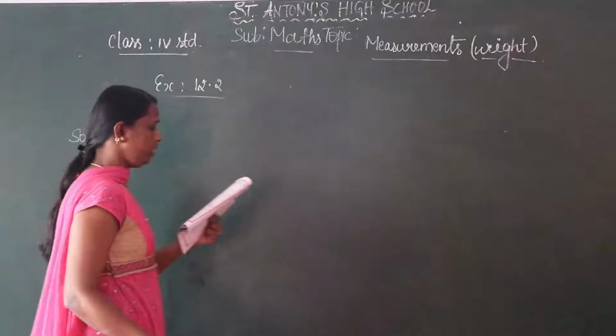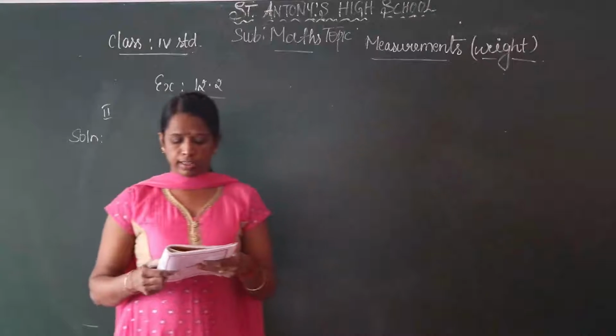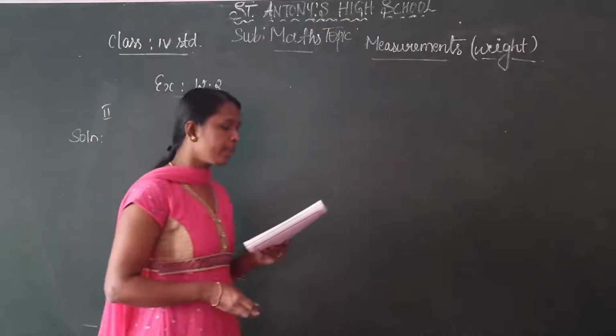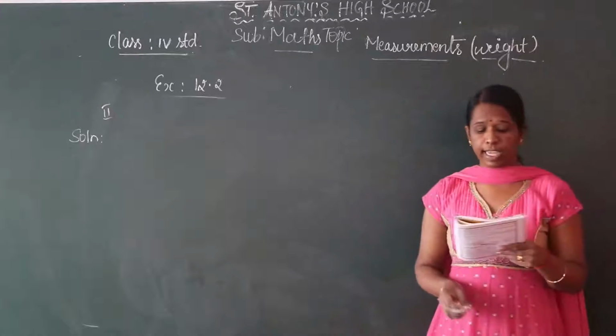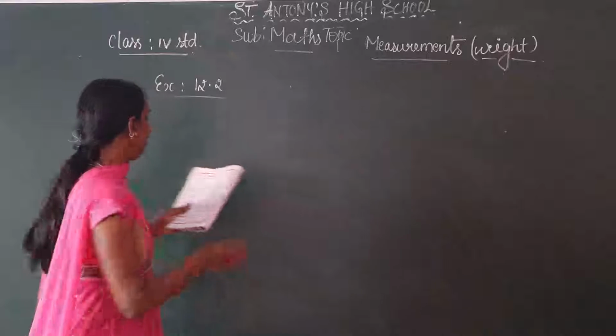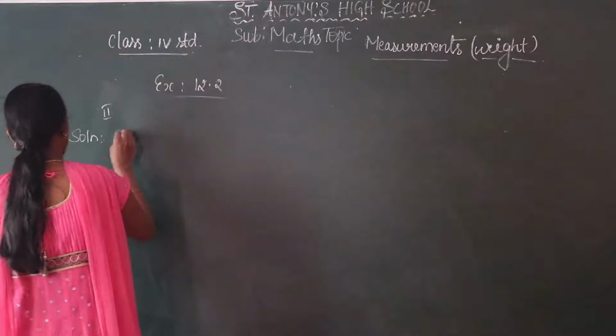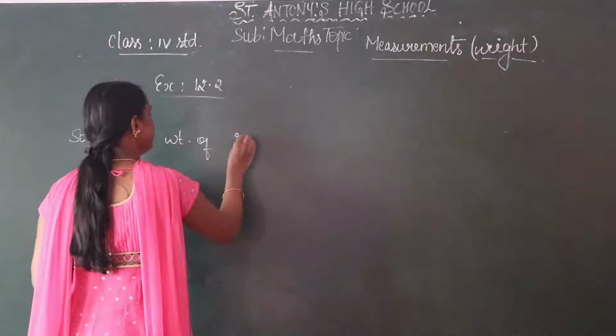A flower merchant has 7 kg 300 grams of jasmine, 5 kg 450 grams of rose and 10 kg of champa flowers. What is the total weight of the flowers he has? Weight of jasmine.